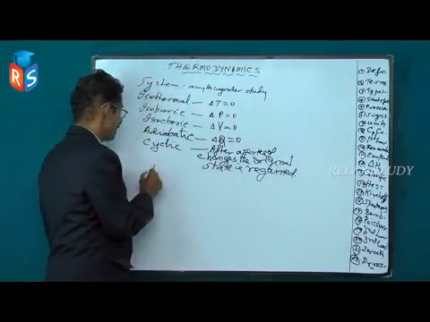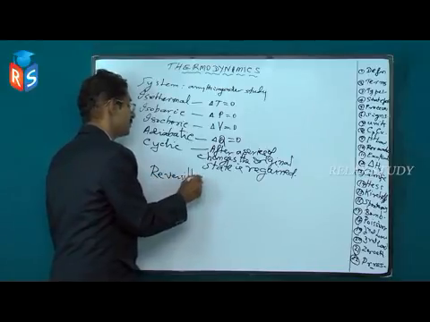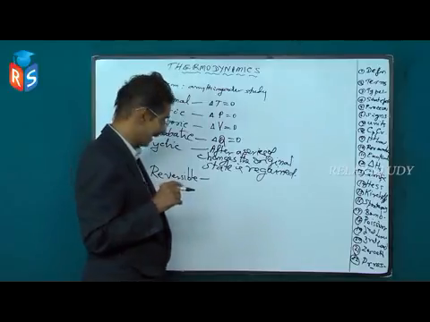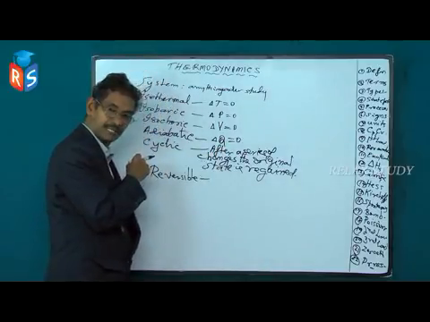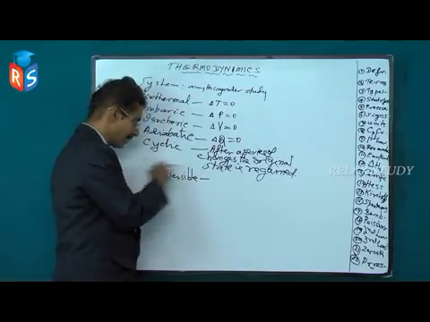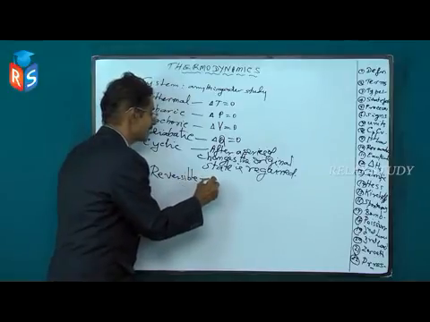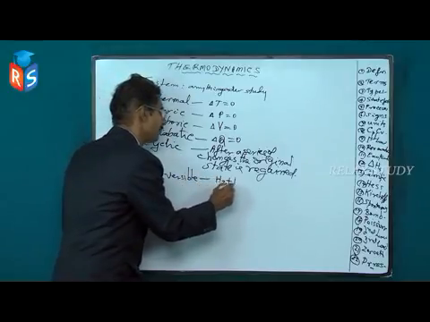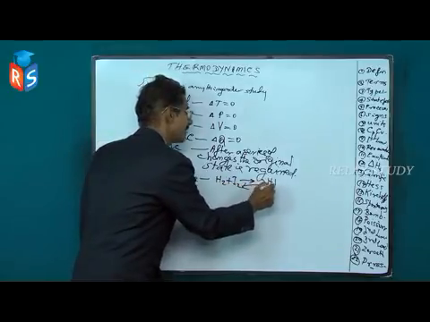Now you have reversible and irreversible processes. A reversible process, as the term itself indicates, is a process that can be reversed to attain the original state. I cite one example, H2 plus I2 reversibly giving 2HI.